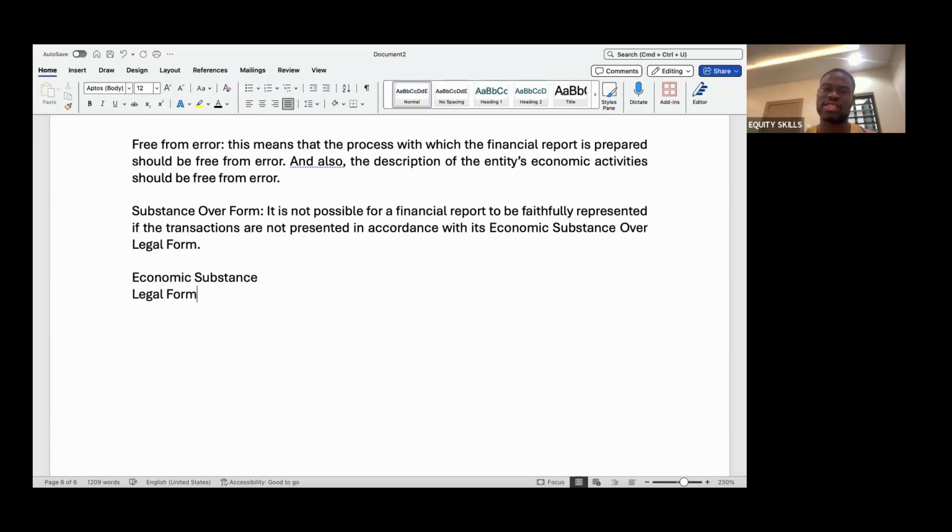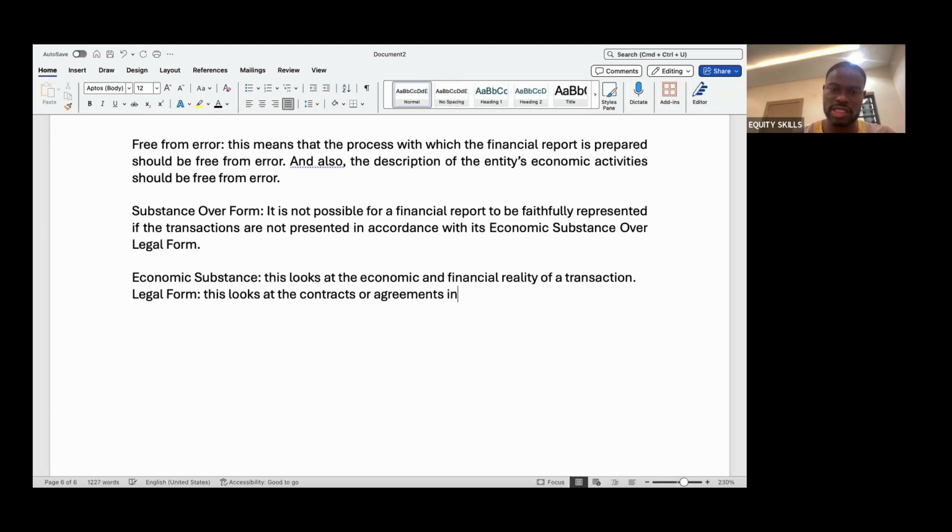So economic substance looks at the economic reality and financial reality of a transaction, while the legal form looks at the contracts or agreements in a transaction.